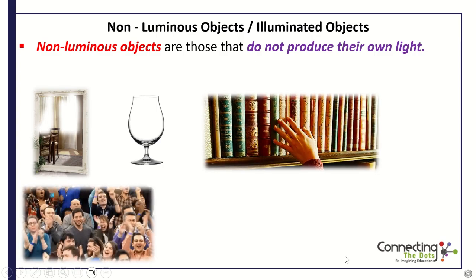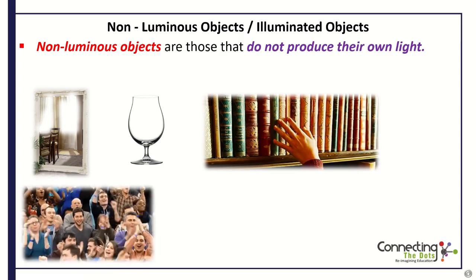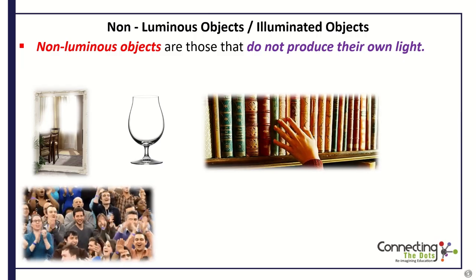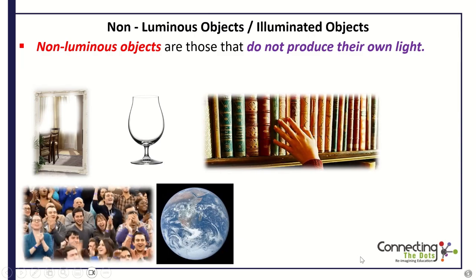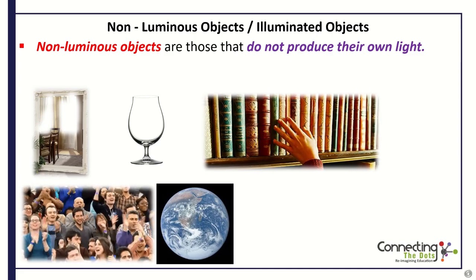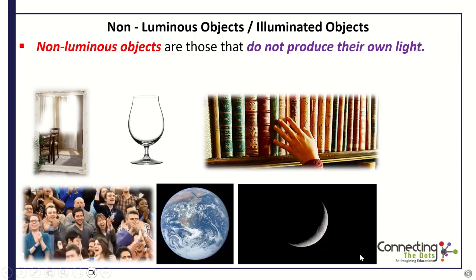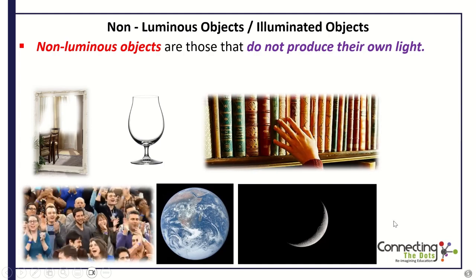Then the various people around us, we are able to see all these people because the light gets reflected from them to our eyes. Earth is another example. It does not have its own light, but we are able to view Earth from space because of the light it reflects. Moon is another example of a non-luminous object.